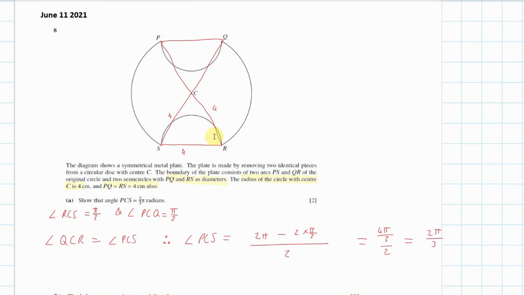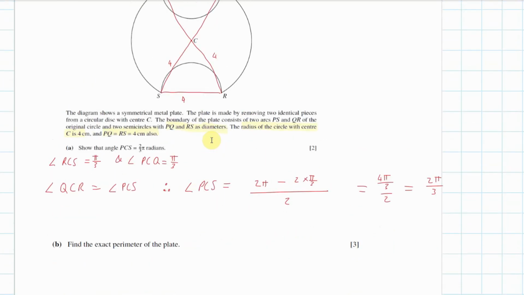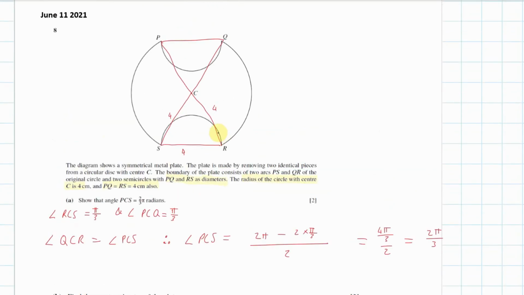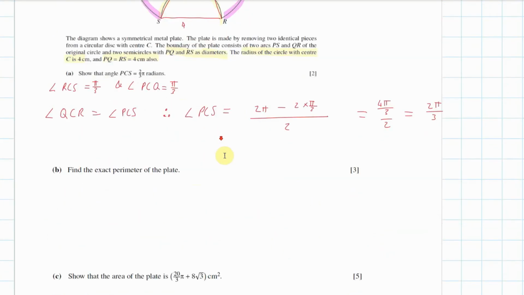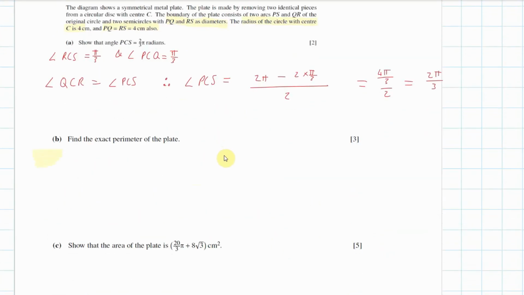Now, find the exact perimeter of the plate. The exact perimeter of the plate. Okay, well, now that we know that, if you look at the perimeter, you've got 2 of these, right? And then you've got this here, and this here. Okay, so this bit here is going to be pi d.